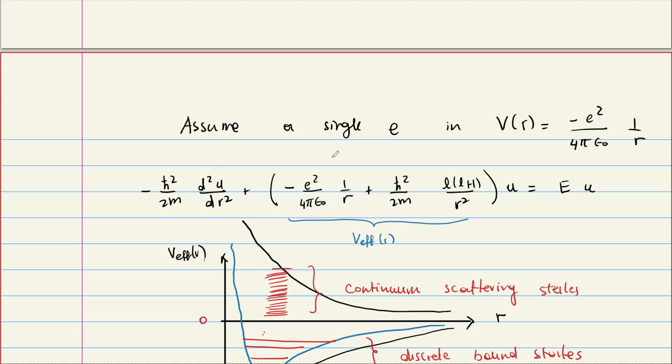Therefore, we can forget about the proton and we can just focus on the central potential problem. Let me now start from the beginning. Then assume a single electron in this central potential, which is minus e squared over 4 pi epsilon naught, 1 over r.